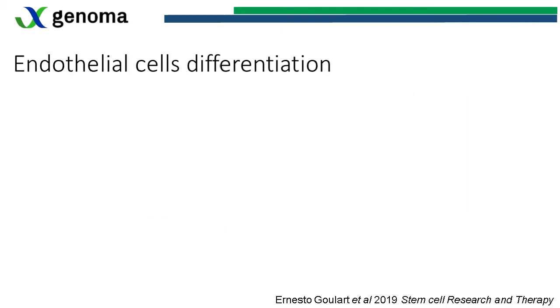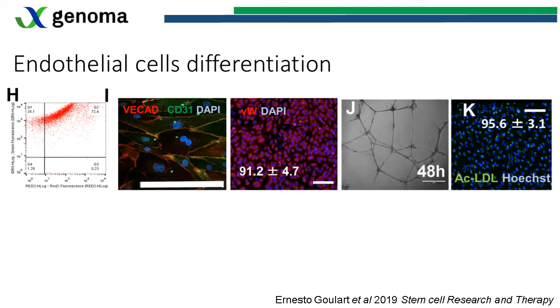Okay, let's look at the endothelial cell differentiation. So we stain the cells after sorting them for CD31, and we show that the vast majority of the cells are positive for CD31 and E-cadherin, as you can see here on the flow cytometry chart, and also on immunofluorescence staining. The cells that we derived also express von Willebrand factor, which is an endothelial anticoagulant factor.